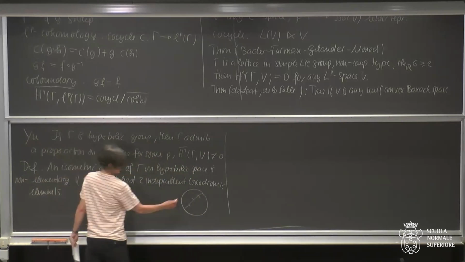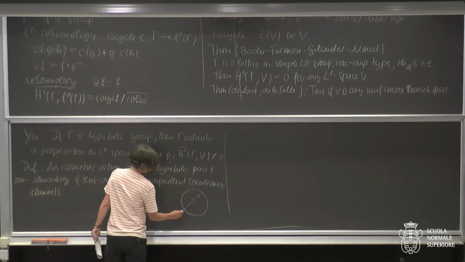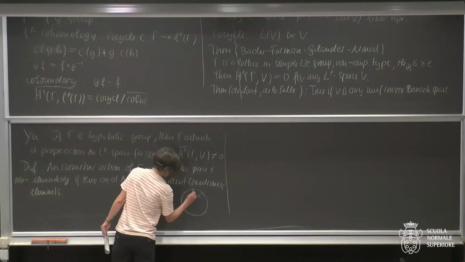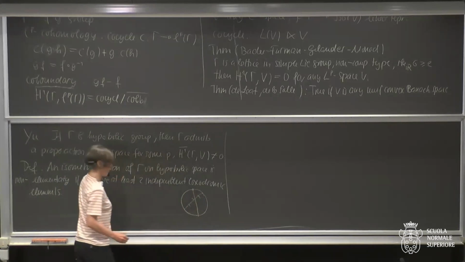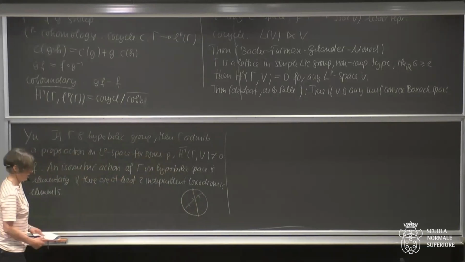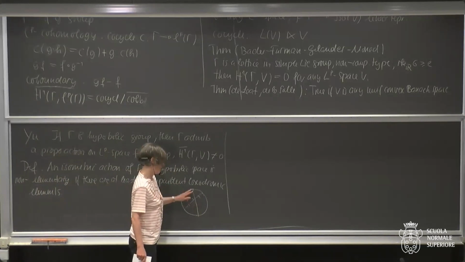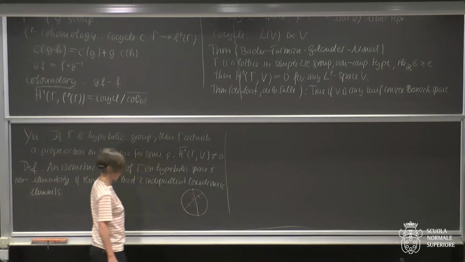You have an attracting fixed point on the boundary of the space and a repelling fixed point. And then I have another one, which also has an attracting and repelling point, fixed on the boundary of the Gromov hyperbolic space. And I want that these fixed point sets are disjoint.